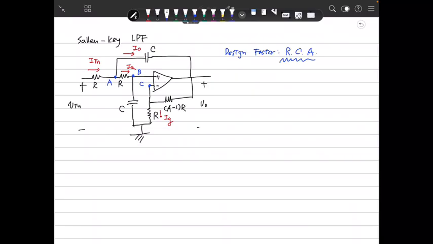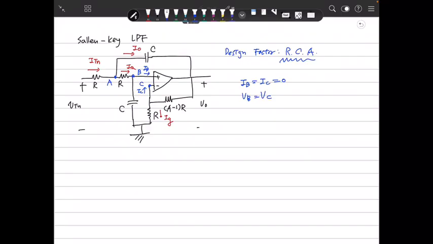Defined like that, and because of the op amp, I mean the current, that current IB and that current IC, IB equals IC equals 0, and VB equals VC. Why? Because this is an op amp.